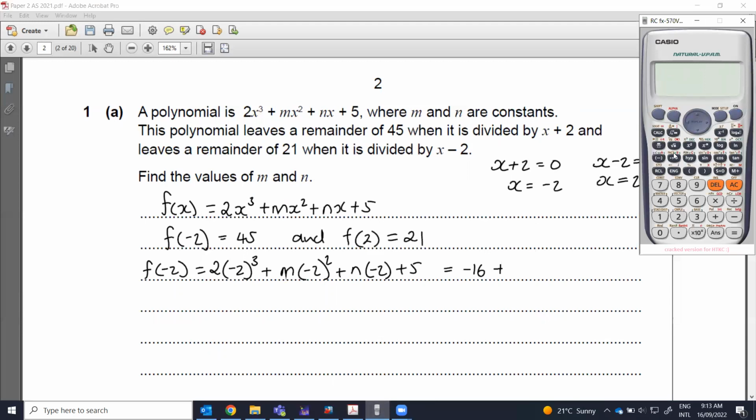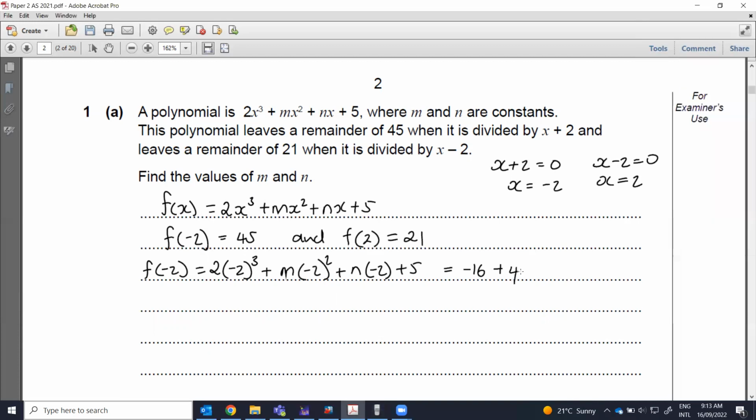Do it in the same way, bracket, negative 2, close your bracket and then squared. This is equal to 4 times m, of course, because I can't have my m on my calculator. So this is 4m. But such small calculations, you don't need to do them on a calculator. And then n times minus 2, this is minus 2n plus 5.